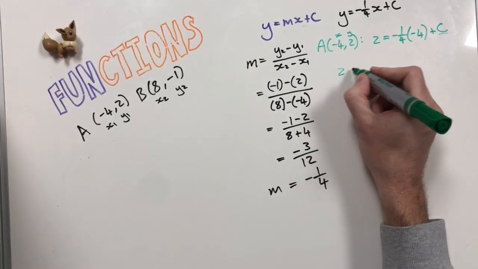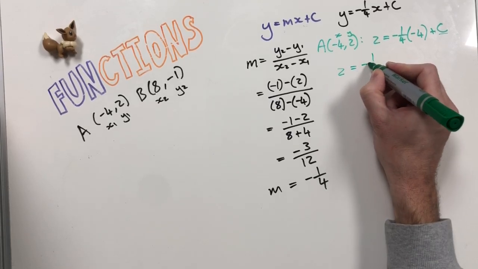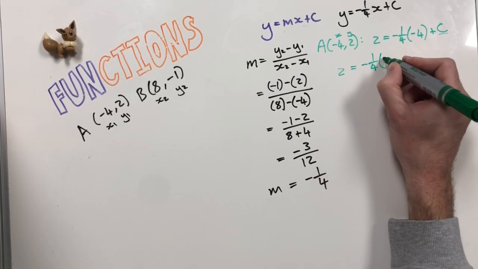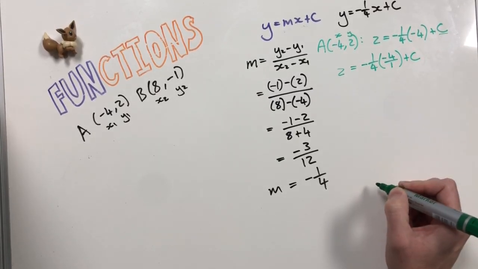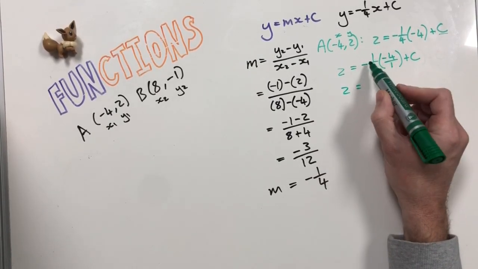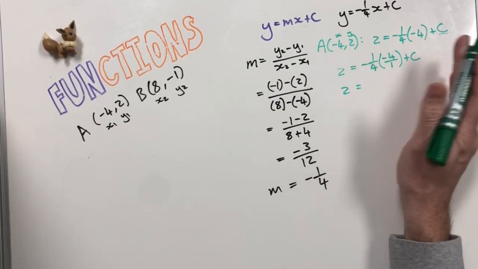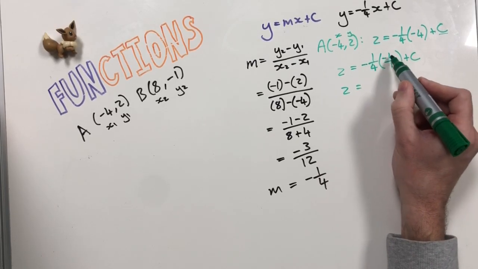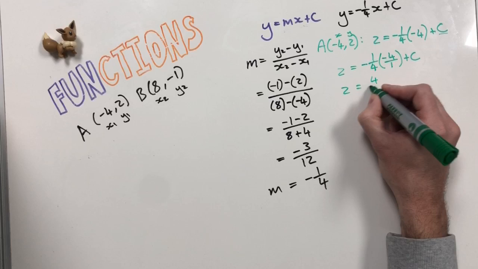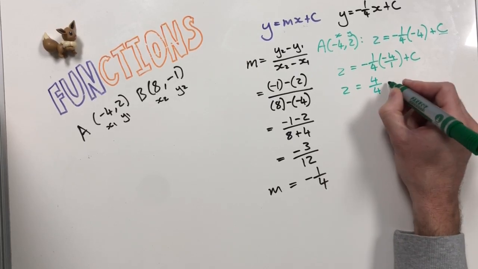I'm going to rewrite this to make it a bit easier: 1/4, and that would be -4/1 plus c. So 2, if I take a negative times a negative, that's a positive, so I write the positive, and then here I can write 4 times 1 is 4, and 4 times 1 is 4, plus c.